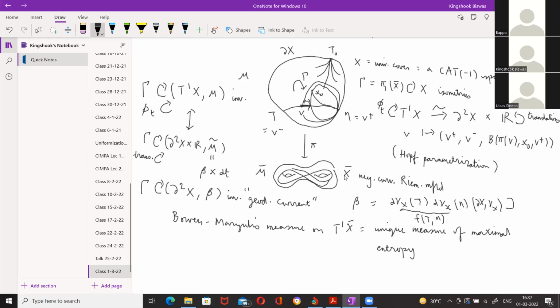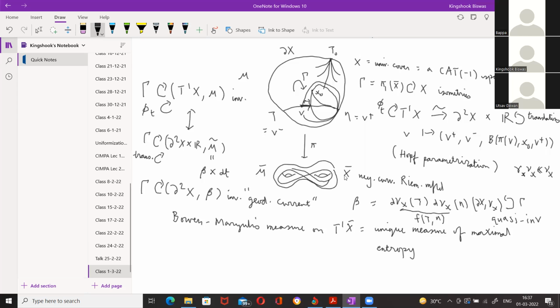And this measure under the gamma action is not invariant. This is what is called quasi-invariant. With respect to the gamma action, that means gamma star nu x is absolutely continuous with respect to nu x. So it's not equal to nu x, but it's absolutely continuous with respect to nu x.